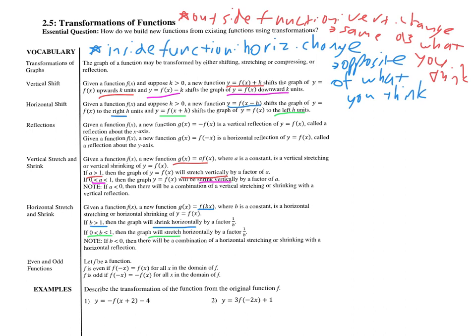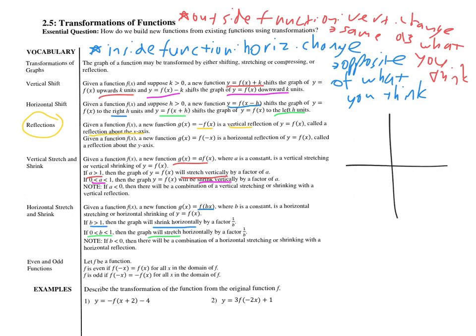The last thing we have to keep in mind here is our reflections. This is kind of its own category. If it is a negative outside, that is a vertical reflection. It actually does still follow my rule of outside the function affects vertical change, but they call this a reflection about the x-axis. If you're thinking, how is it vertical if it's across the x-axis? Think about what happens here.